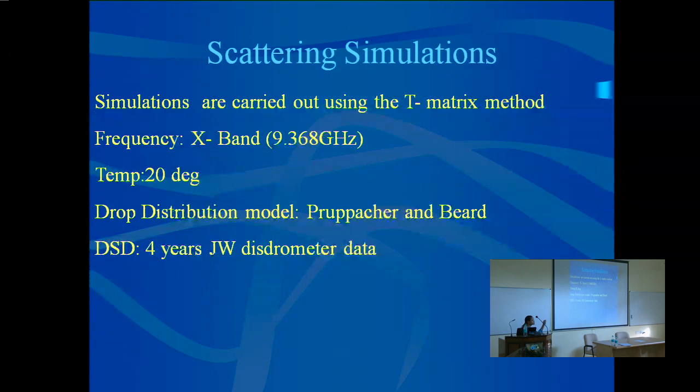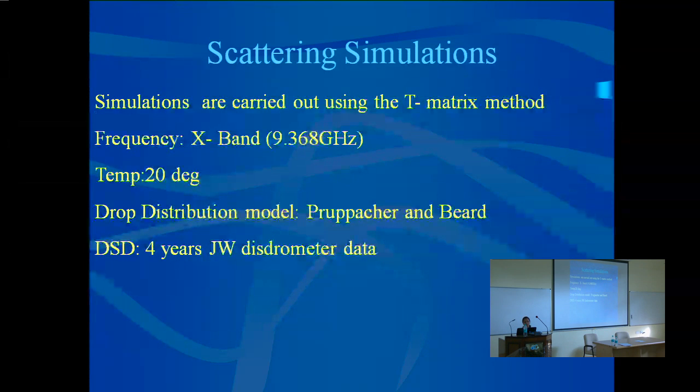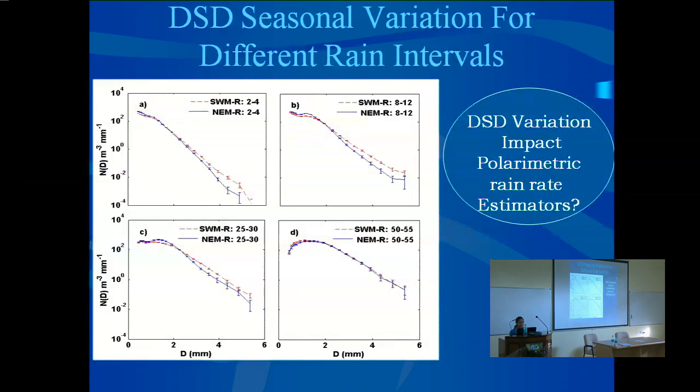When we find this much rain rate, there are certain coefficients involved. For this background work I have also done work on how to retrieve the DSD parameters, and also the attenuation, which plays a very important role when it comes to X-band radar. For the simulation, the X-band frequency, the coming up X-band radar frequency, is 9.368 gigahertz, the temperature is 20 degrees, and the drop size distribution model I have considered is the Pruppacher and Beard model. And as I said, 4 years of data.